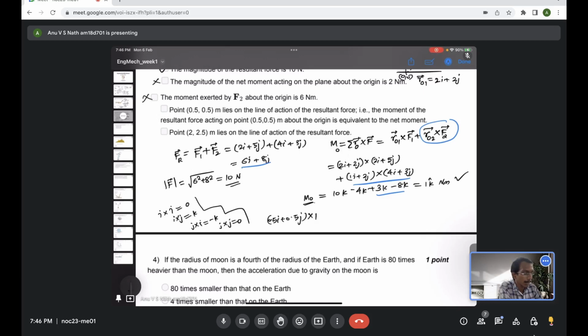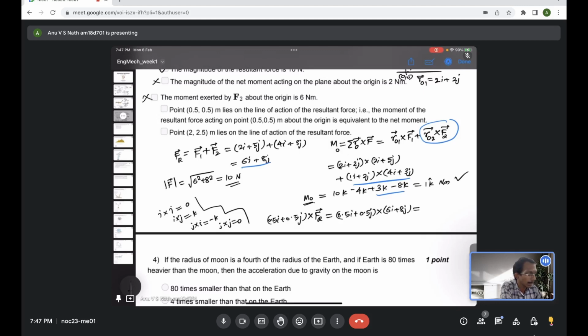If the resultant force is passing through this point, then the moment of the system about the origin will be 0.5i plus 0.5j cross the resultant, which is 6i plus 8j.